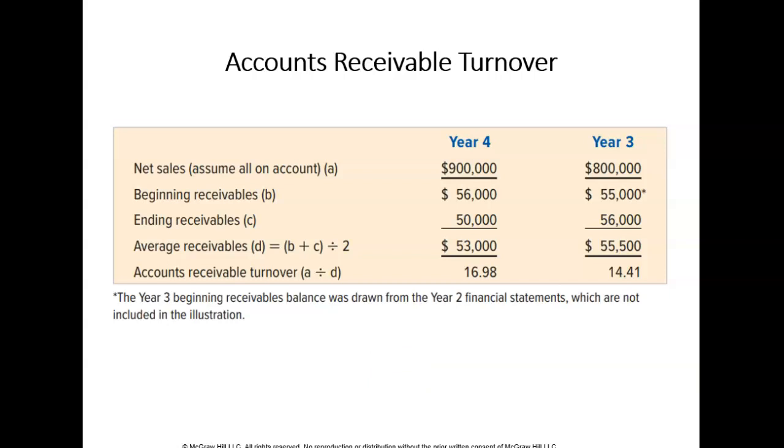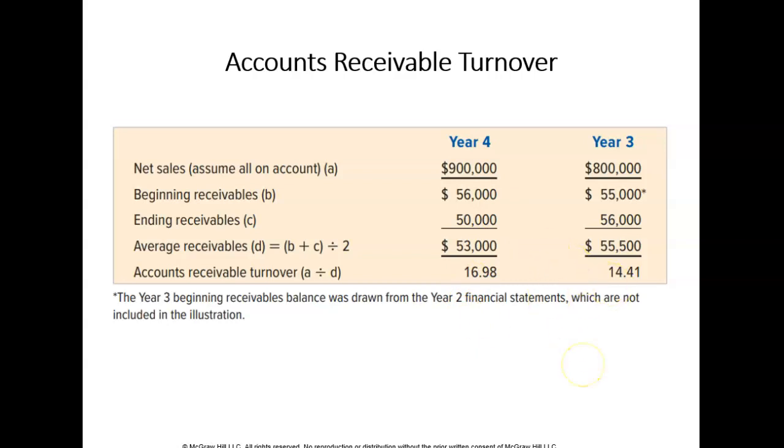Although I'm not showing it to you, to get the days in receivables, you would take 365 days and divide that by the 16.98 in year 4, which gives us 21.5 days. So we're saying in year 4, it takes about 21.5 days to collect my receivables.